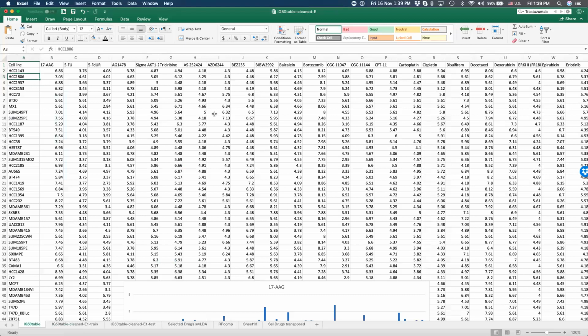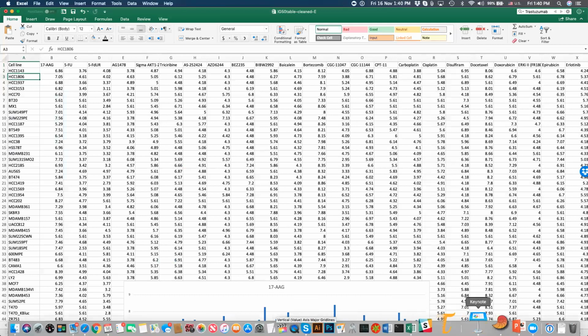Again, the reason why I gave you this table and that paper is because I want you to read through the paper and understand what the authors did.